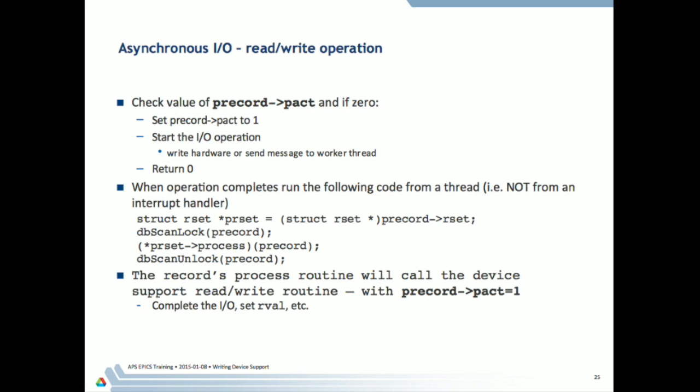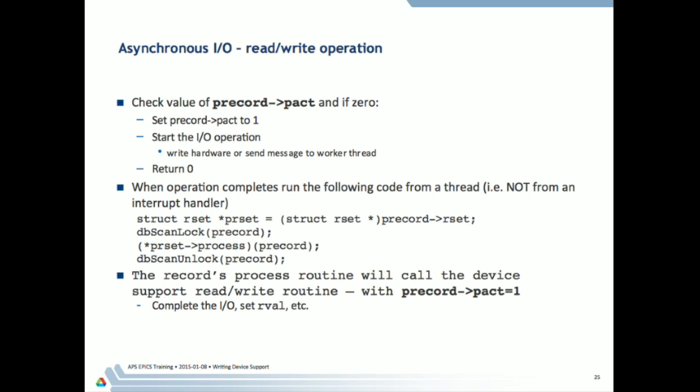If your notification comes through an interrupt service routine, then you have to use the callbacks, and we'll come back to that in a minute. But the important lines are these three: dbScanLock, which basically says lock this record, then call the process routine on the record, the precord rset process routine, passing in the record, and then you unlock afterwards.